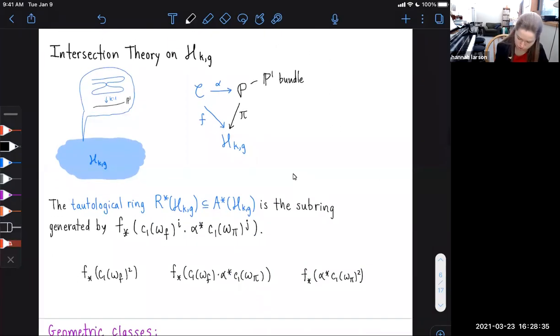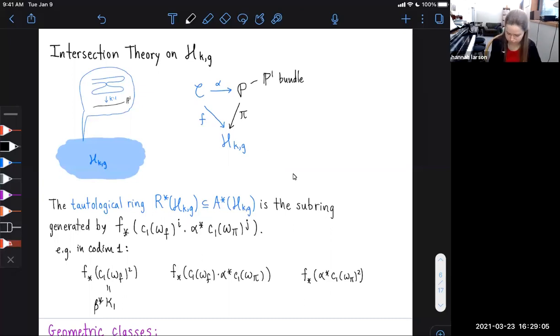So here's an example of the classes we can make in codimension 1. So maybe first we'll just take powers of c1 of omega_F. If we do that, then this class is just the pullback from the moduli space of curves of kappa 1.